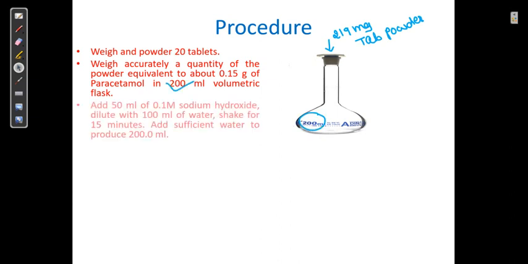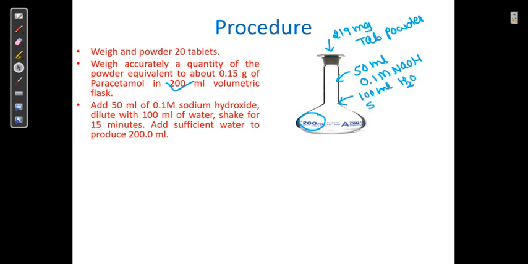After that, add 50 ml of 0.1 molar NaOH solution in that. Then it is diluted with 100 ml water and shaken for 15 minutes. Then again add 100 ml water and shake for 15 minutes.